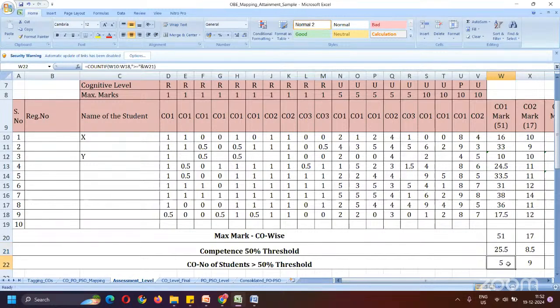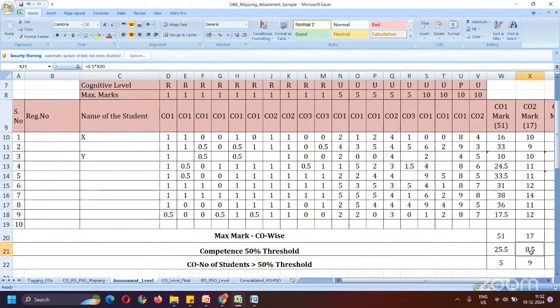So I have calculated how many students have scored above 50%. These are the individual students' marks scored out of 51. I have entered details of 9 students, and out of 9 students, 5 have scored more than 25.5. That is the benchmark I set for CO1: at least 50% of students will score more than 50% of the marks.